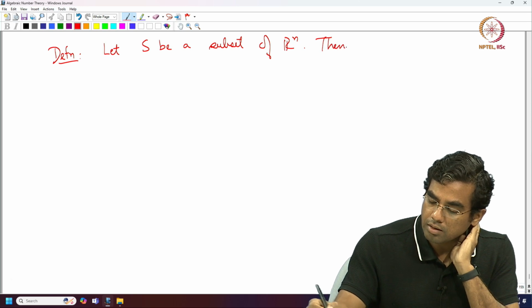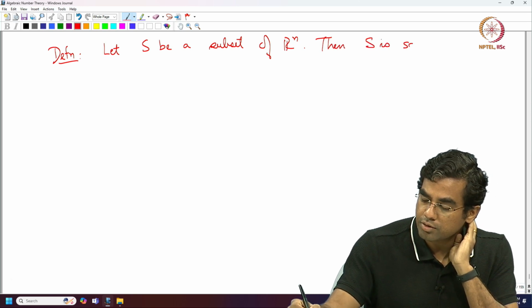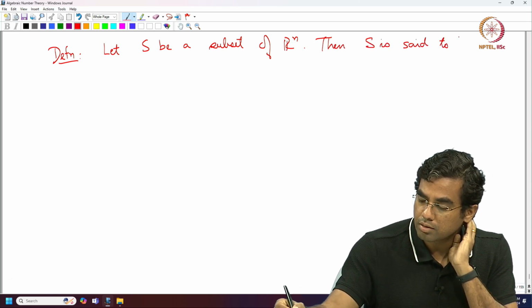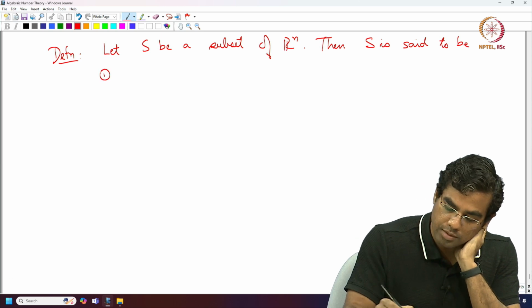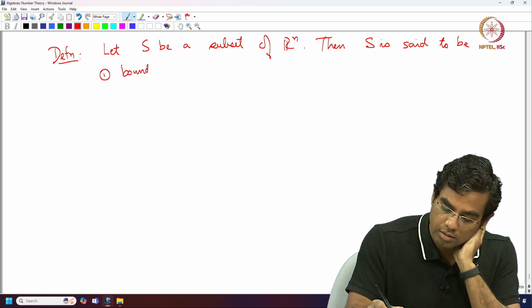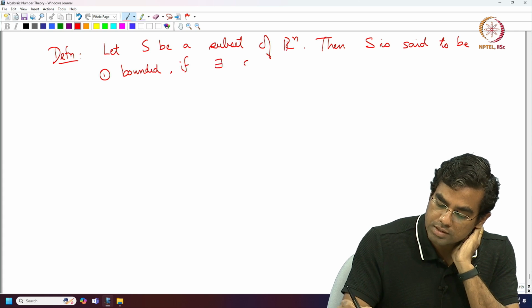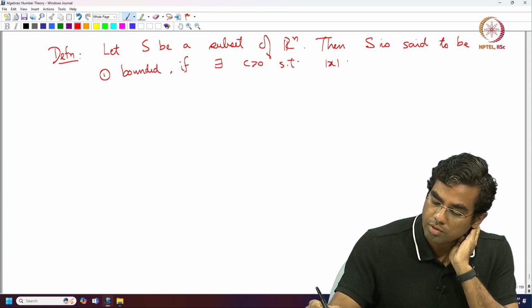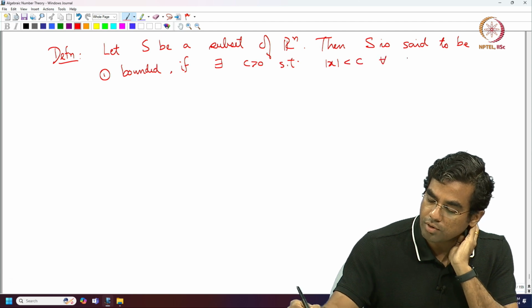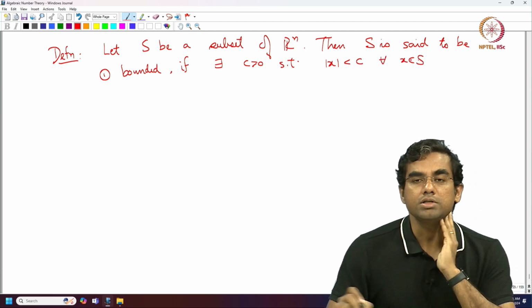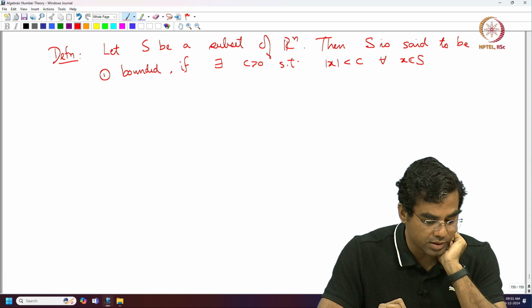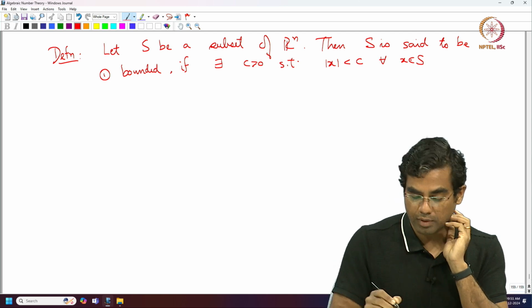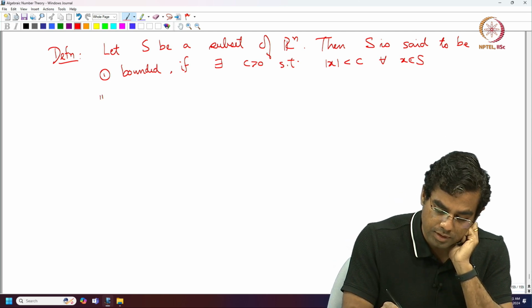Then S is said to be, firstly, bounded if there exists C greater than 0 such that the norm of x is less than C for all x in S. This is the notion of boundedness in the usual way of a first course in analysis.